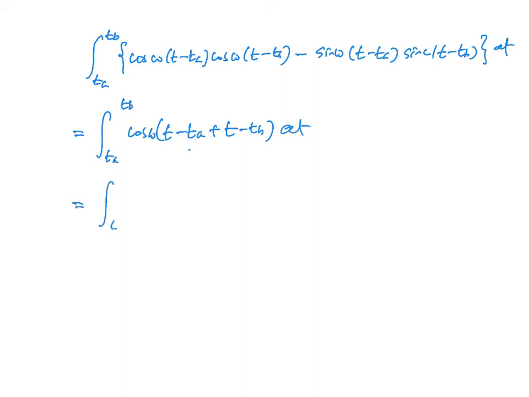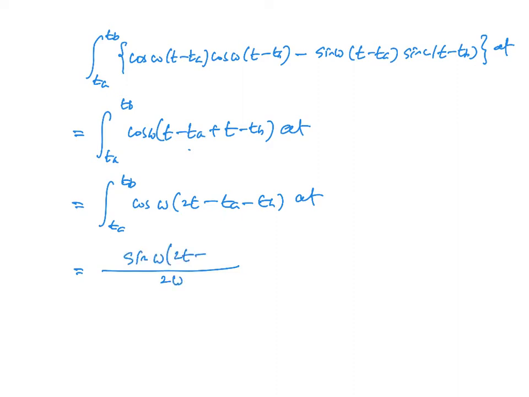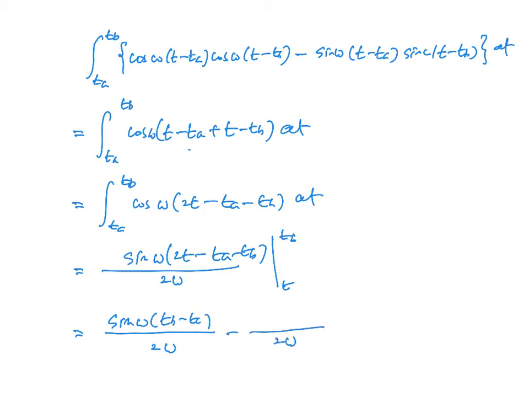So this is the integral of cosine omega (2t minus ta minus tb) dt, which is 1 over 2 omega sine omega (2t minus ta minus tb) from ta to tb. That is 1 over 2 omega sine omega (tb minus ta) minus 1 over 2 omega sine omega (ta minus tb), which is nothing but 1 over omega sine omega (tb minus ta).